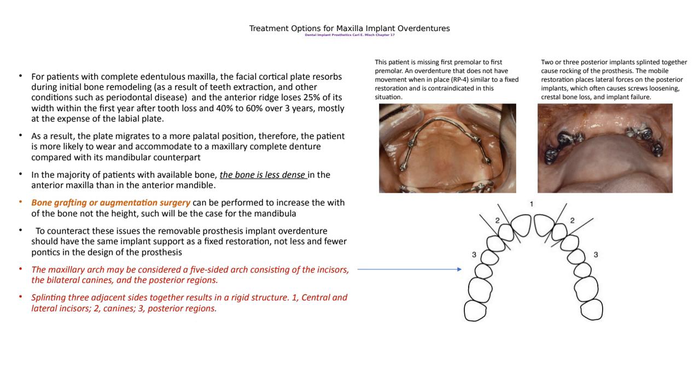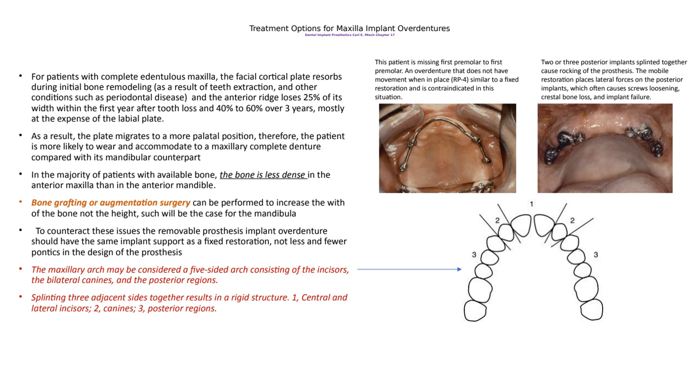So where the implants can be placed is based also on those areas where it's ideal to place an implant, because we also want stability of the prosthesis, especially if the prosthesis has a large cantilever area. Splinting three adjacent sides together results in a rigid structure: central and lateral incisors, canines, and posterior regions.